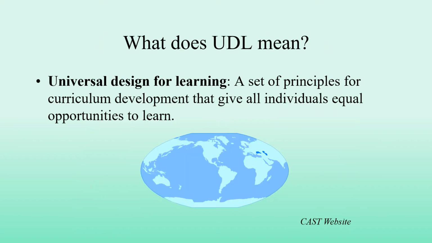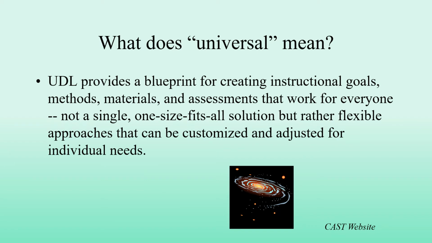So how can we define universal design for learning? We could define it as a set of principles for curriculum development that provides all individuals in our classrooms equal opportunities to learn. So what does the universal in universal design for learning mean? Well, it gives us a blueprint for creating everything that we do in the classroom.